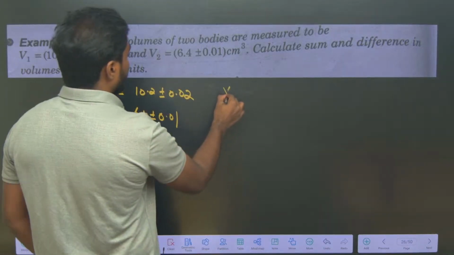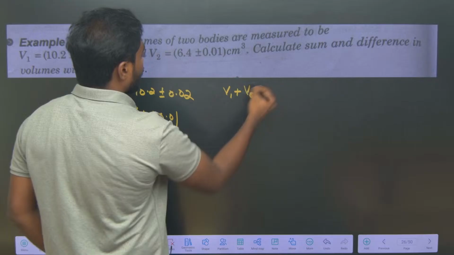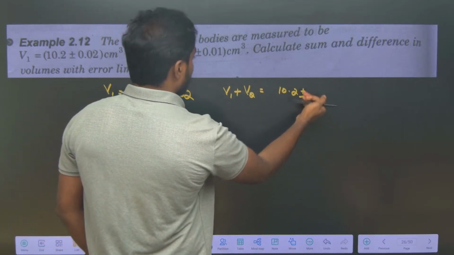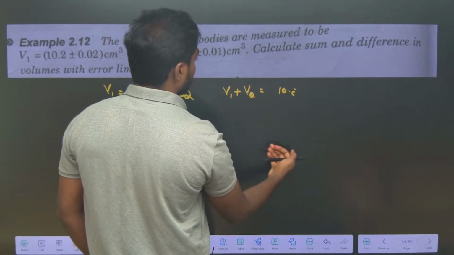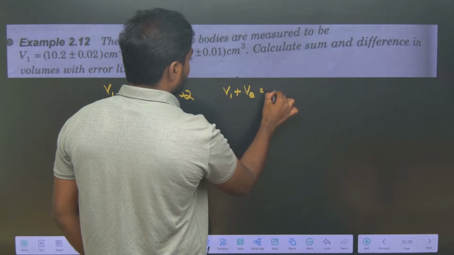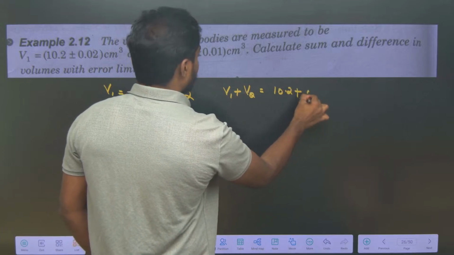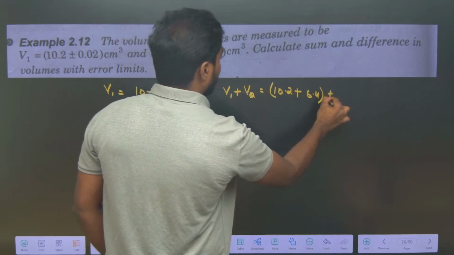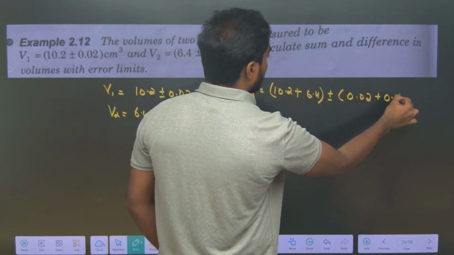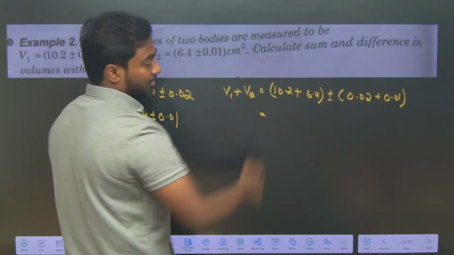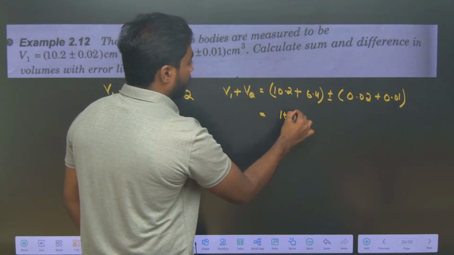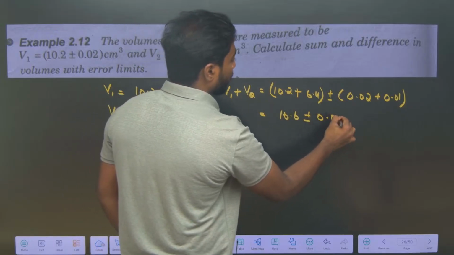So V1 plus V2 will be equal to 10.2 plus 6.4 plus or minus 0.02 plus 0.01. So 10 plus 6 is 16, so 16.6 plus or minus 0.03.